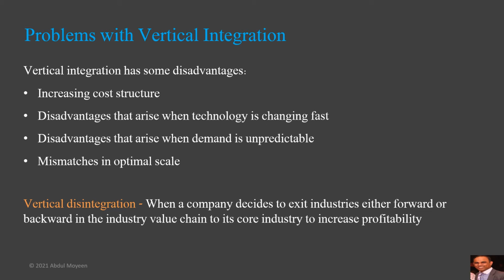Bureaucratic costs are costs associated with solving the transaction difficulties that arise between a company's business units. That means the core business and the vertically integrated business, and between business units and also the company's headquarters.